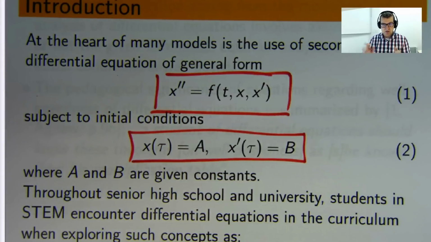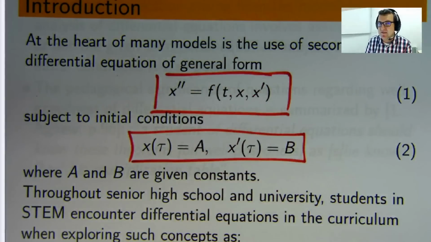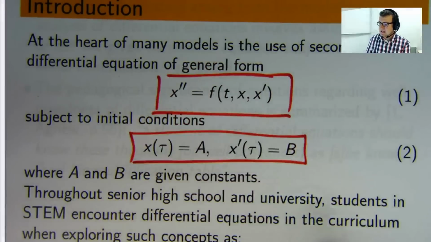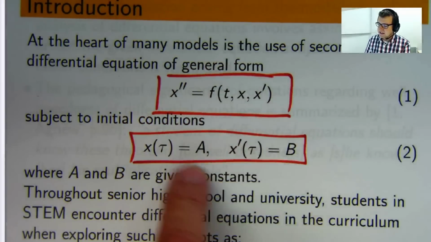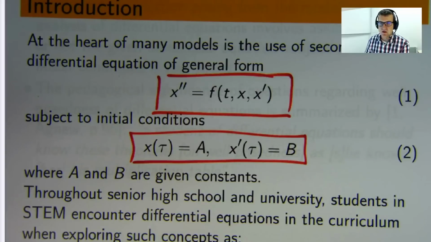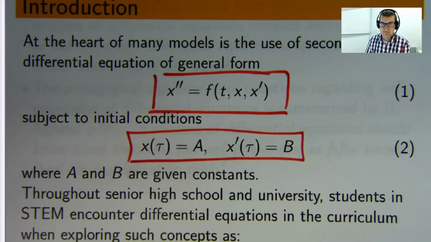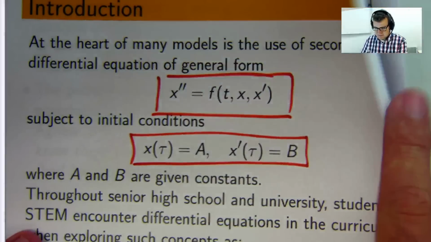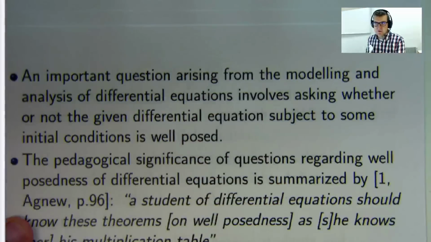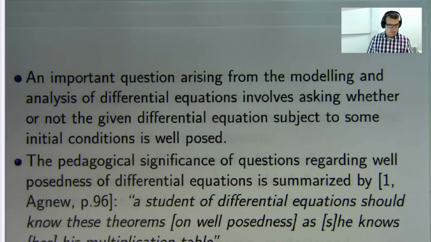A little bit controversial there, but some people think that the second order ones are even more important than first order problems. Okay, so we're going to look at this problem and we're going to ask ourselves, when does this problem have one and only one solution?